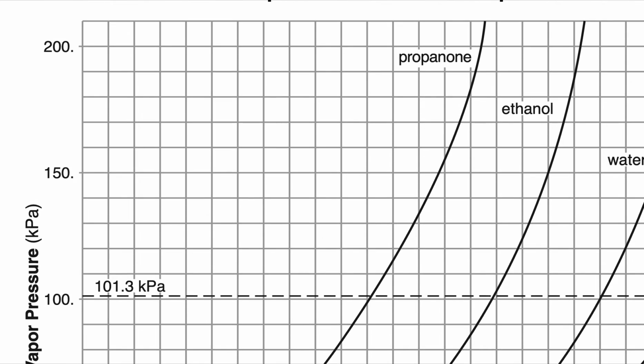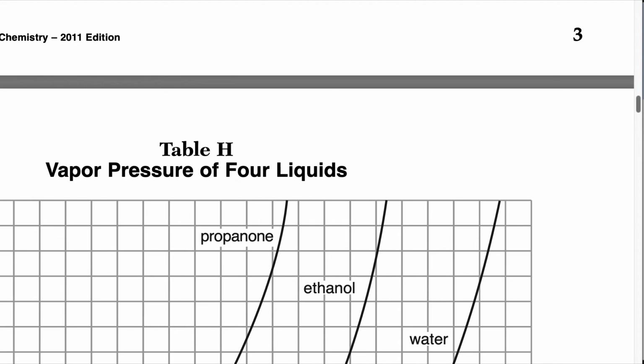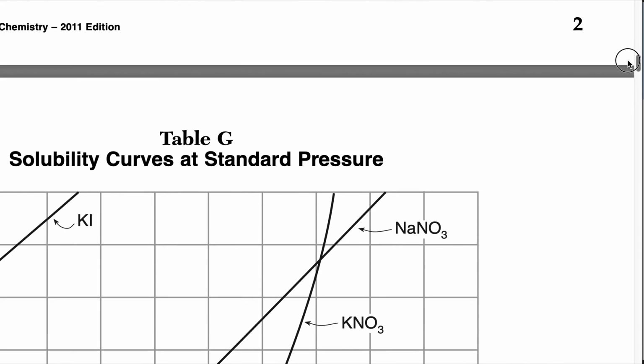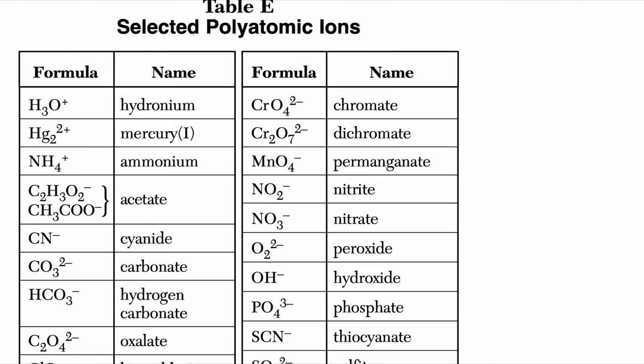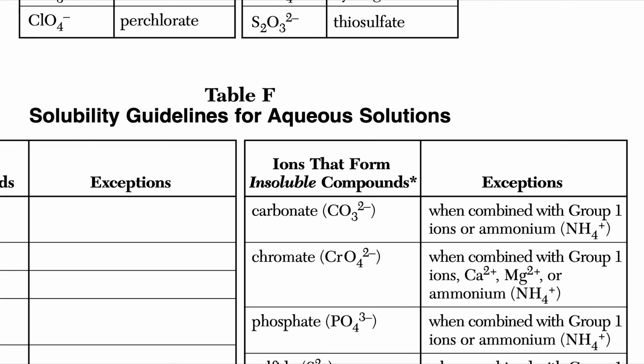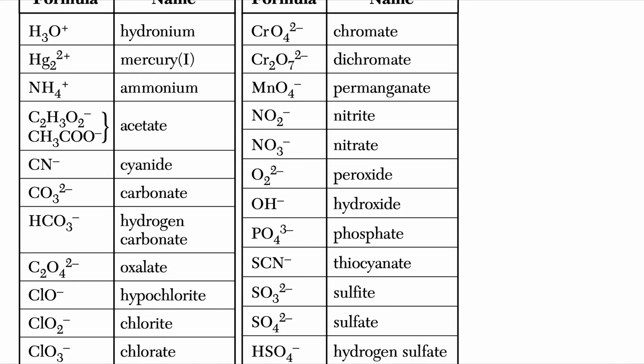And if you guys go to, and I'm slowly scrolling up, I'm sorry about that. Let's see here. There we go. Table E. You're going to notice that these are our common ions right here. And these are the ones that will break apart or dissociate when we have a solution.